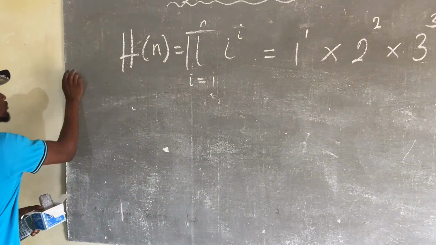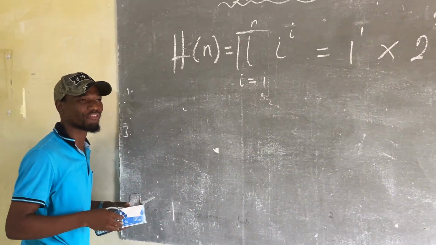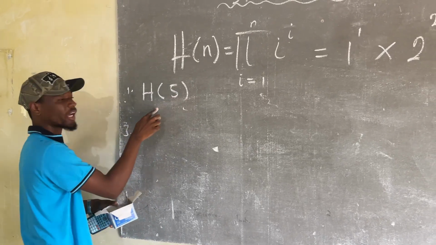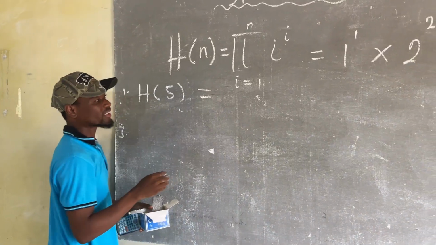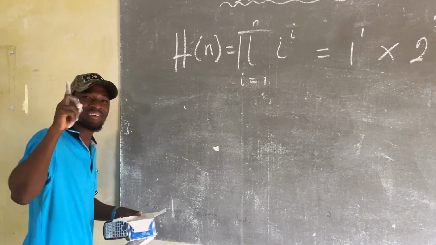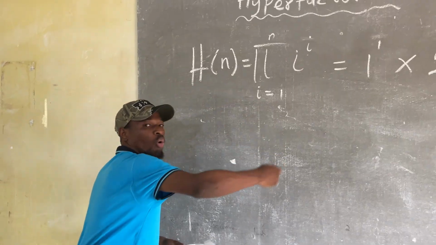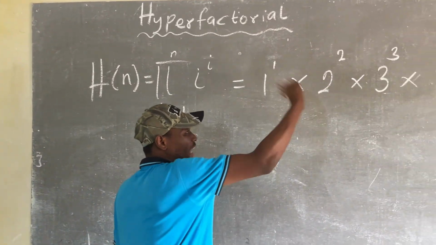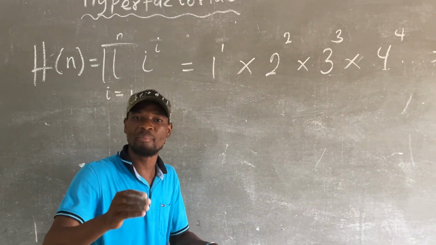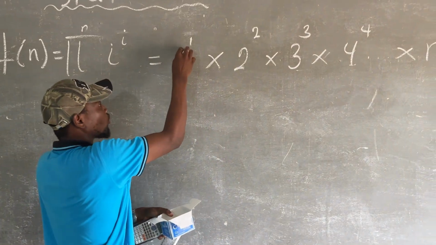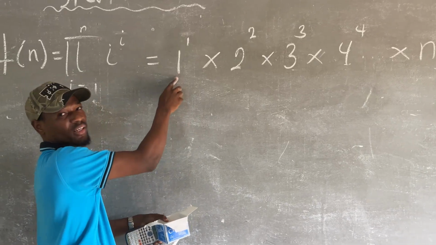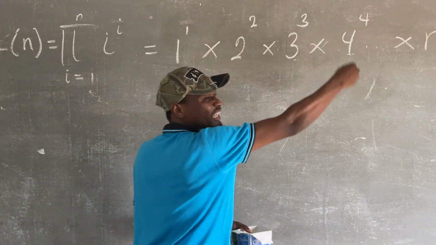So what is the hyperfactorial of, let's say, 5? It is always advisable to start from the integer 1. Then you multiply 1 times the ascending order of the other integers. Ascending order simply means that since you started from the very first integer, which is 1, it progressively increases in magnitude.